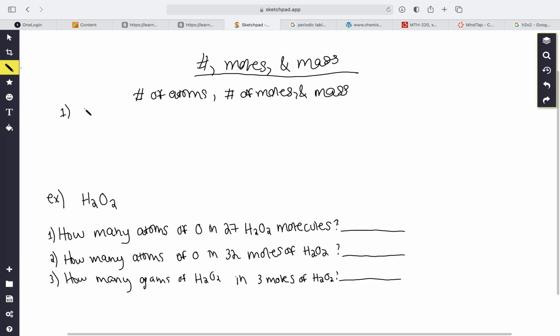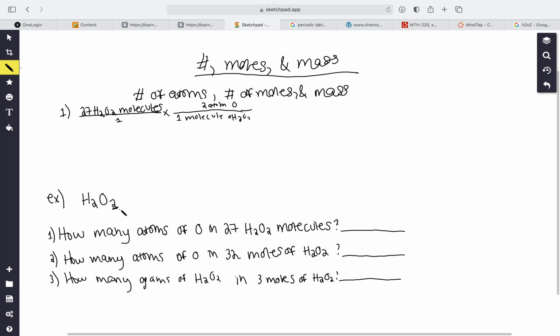So we're going to do some dimensional analysis here, right? We're looking at 27 H2O2 molecules because we always start with what we're given when we're doing dimensional analysis, over 1, right? So 27 H2O2 molecules, and we want to get to atoms of oxygen. So in one molecule of H2O2, there are 2 atoms of oxygen.